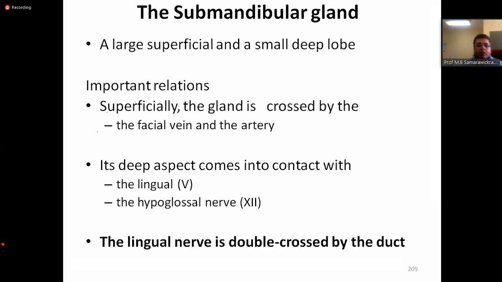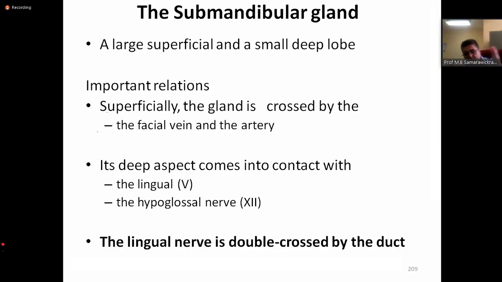The other important nervous structure is the submandibular ganglion. All these three structures are in danger during submandibular gland excision. Right? In addition to that, the marginal mandibular nerve of the facial nerve, even though it is not related to the submandibular gland, can encounter the surgical incision for submandibular gland excision.